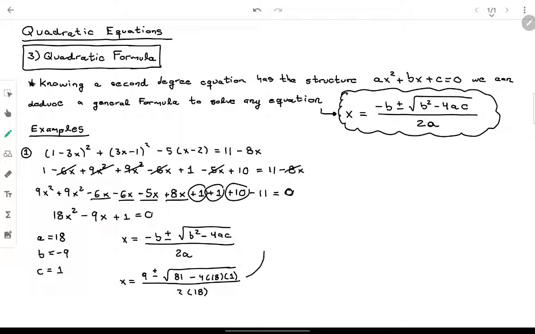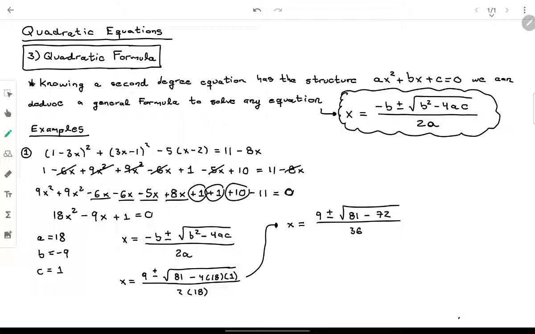So if we continue doing it, it's going to be x equals 9 plus minus the square root of 81 minus 4 times 18 times 1, that is 72, all of it divided by 36.